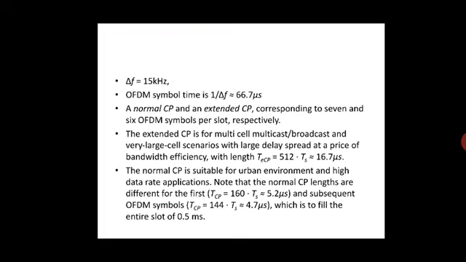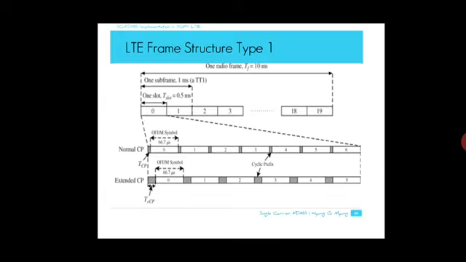In turn, if you concentrate on the normal CP, it will be suitable for urban environments and high data rate applications, because LTE is meant for high data transmission rates. The job of the normal CP is to carry high data transmissions. Now if I calculate the length here, in total how many slots?